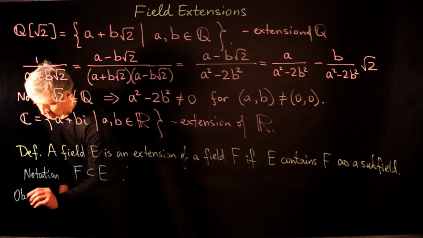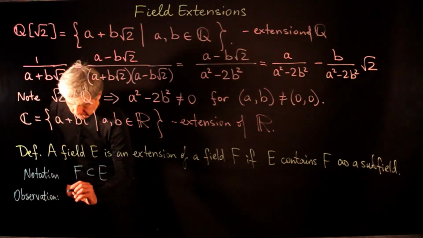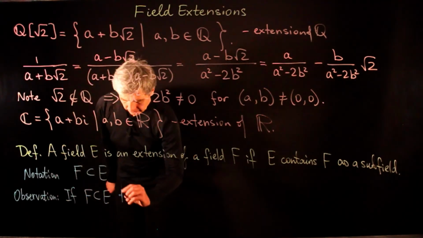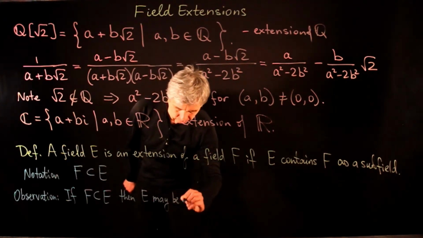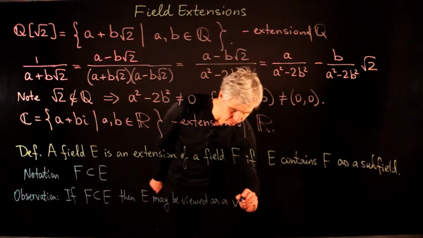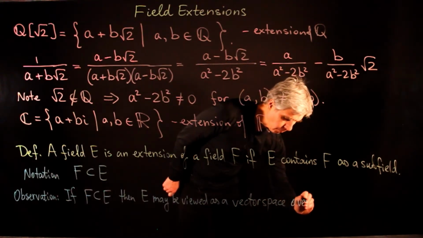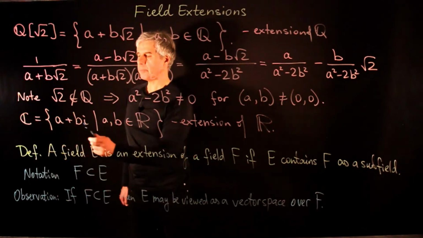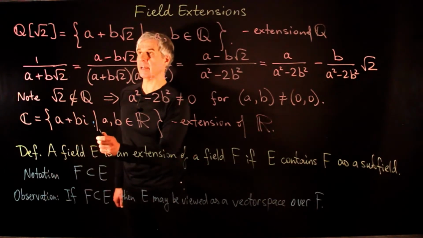And an important observation is that if E is an extension of F, then E may be viewed as a vector space over F. Here we see that C is a two-dimensional vector space over real numbers, and the basis is formed by elements 1 and i.